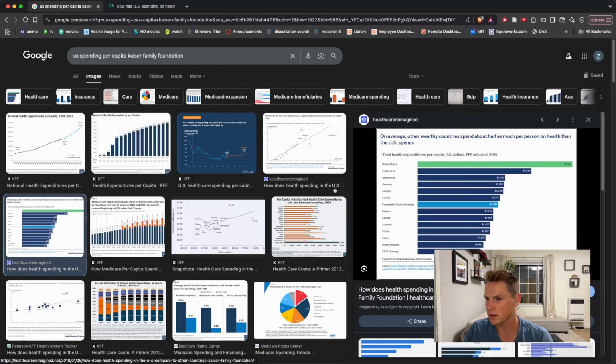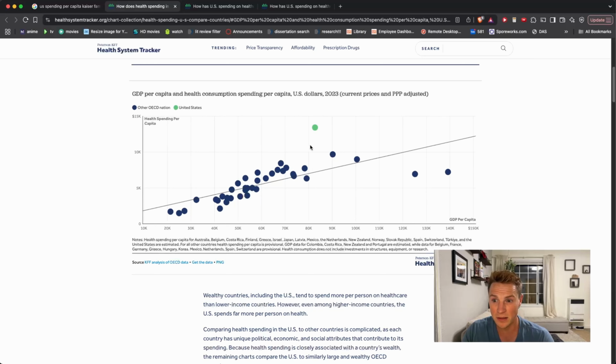What this is telling us, because it's so far above the line, is that healthcare spending per person as a proportion of GDP is significantly worse, or we spend more as compared to how much GDP we're outputting per person in the United States.